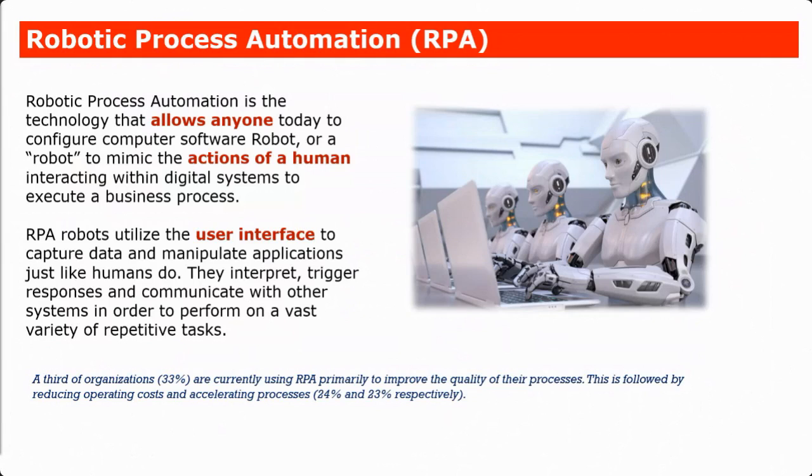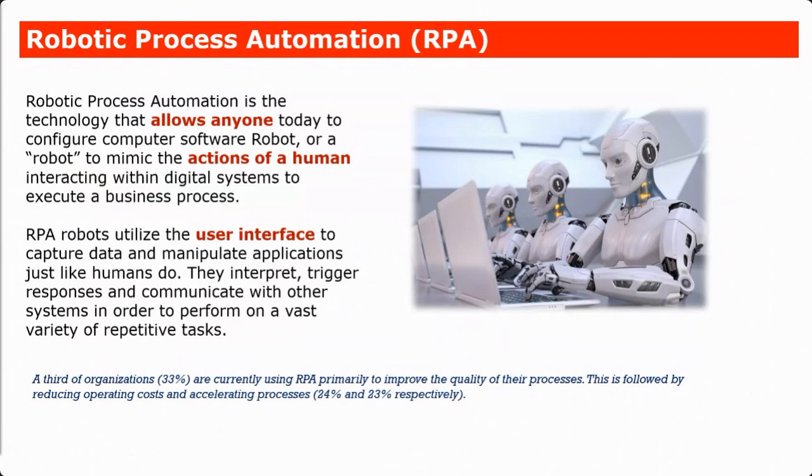And how it works is, with an RPA tool, be it UiPath, Blue Prism, or Automation Anywhere, all of these tools use a similar technology where the bot uses the UI, or the user interface, of the existing application to capture data and manipulate the application like we do, like clicking on a button, going to some forms, and interpreting the responses that we receive from the system in order to perform a variety of repetitive tasks.